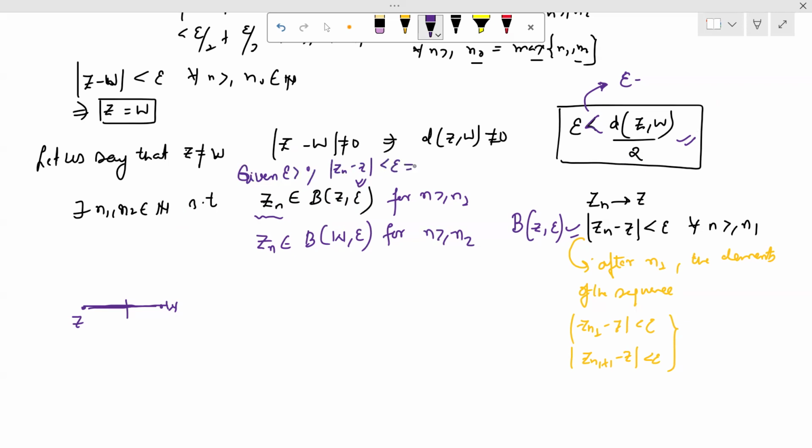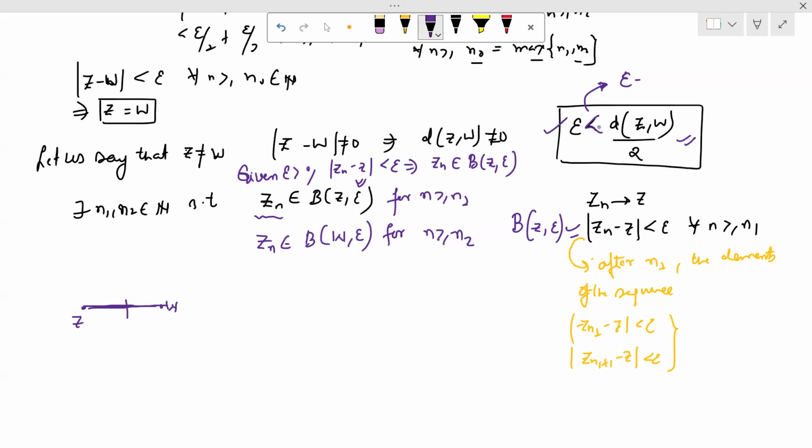It implies that Zn must be contained in some open ball centered at Z and epsilon for any given epsilon. For any arbitrary positive epsilon, it is true. Let epsilon be this, then it should be true for this also.